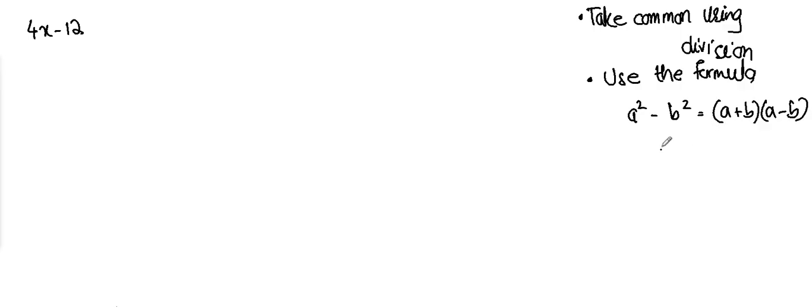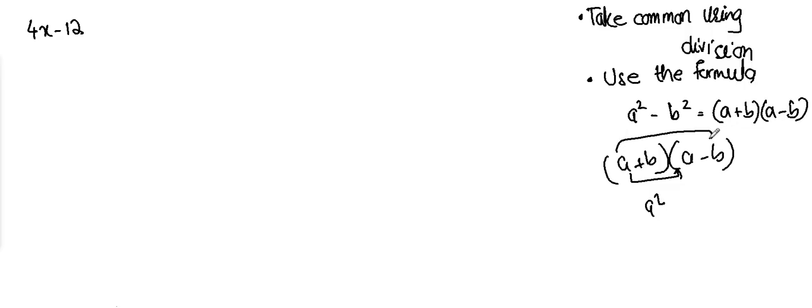Now, from where did we get this formula? Let's multiply a plus b and a minus b together, should we? If we multiply both of them, what do we get? A squared minus ab plus ab, b into minus b is minus b squared.